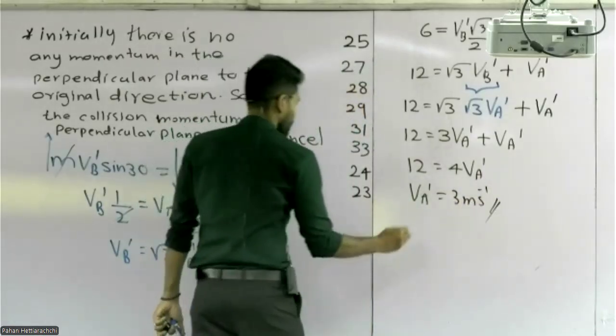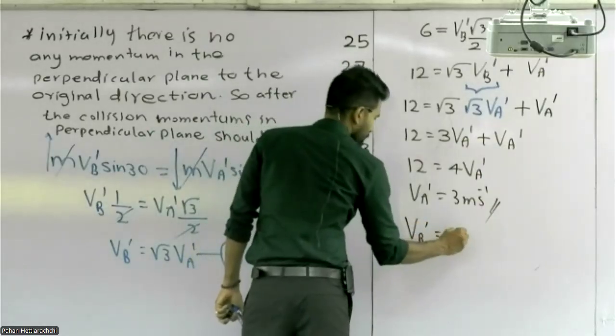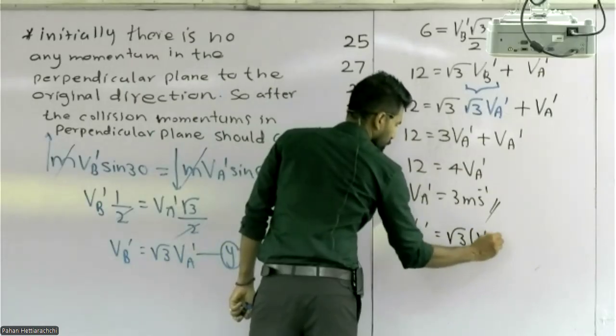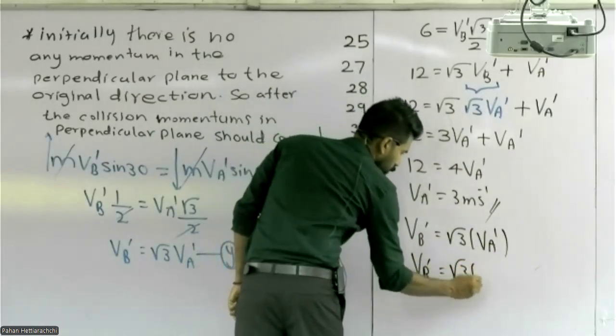If so, VB dash will be equal to root 3 into VA dash. That means VB dash is equal to root 3 into 3.